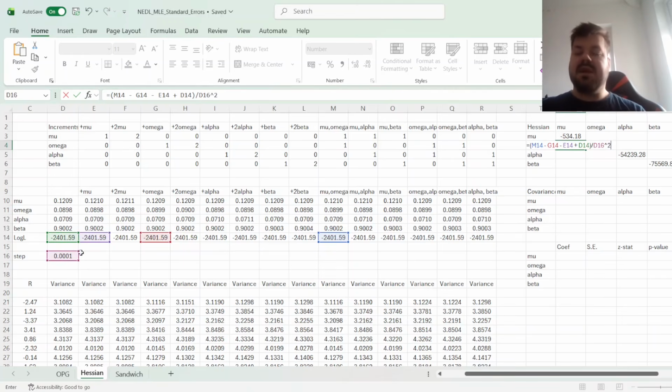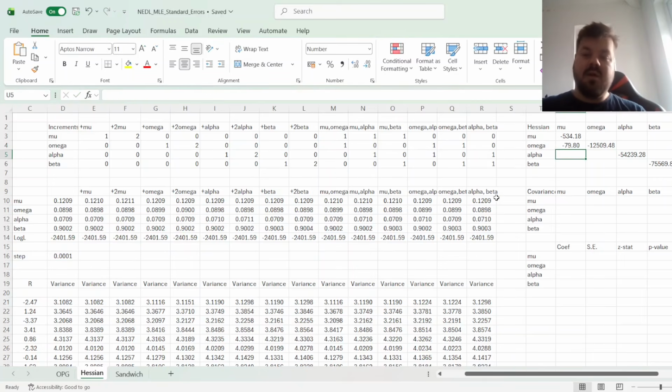Obviously, if you increased the different parameters by different amounts, you would have divided this by the product of those respective amounts for variable mu and for variable omega. Here, we change all of them by the same step, so we can continue to divide by step squared.